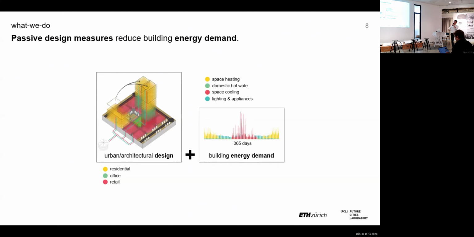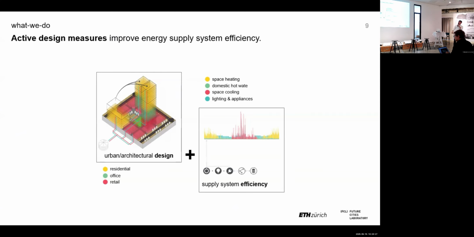So we want to study how we can allocate the use types and the ratios of them as mixed use, and also the distribution of the density of floor areas around the urban quarter, to best impact this building energy demand.